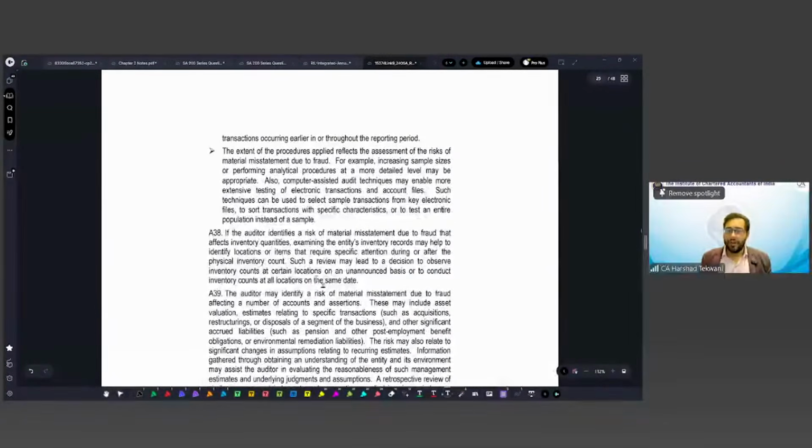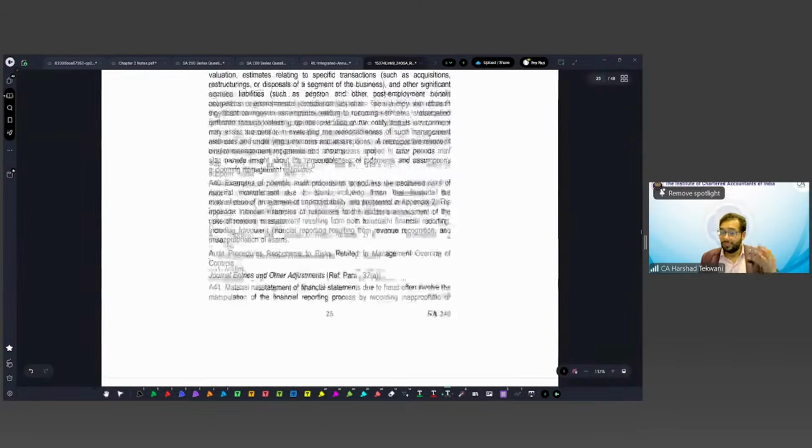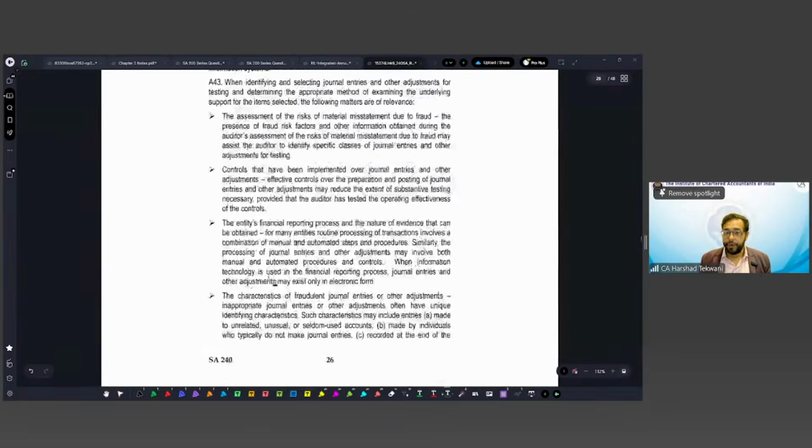This is explanation material with respect to the standard. I would recommend every student to please go through this application material also. You will come to know why this particular requirement is there. For each and every requirement, they have application material for your understanding.